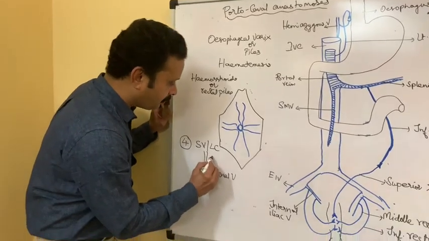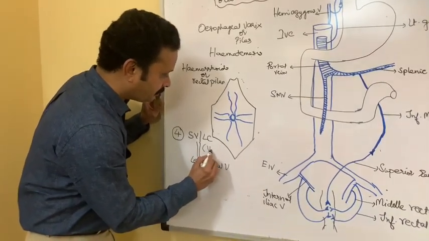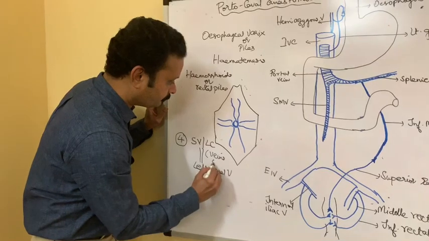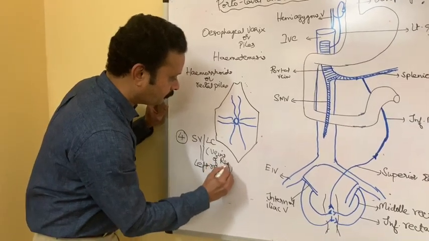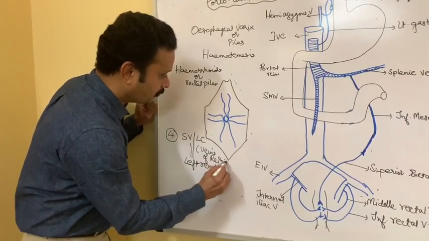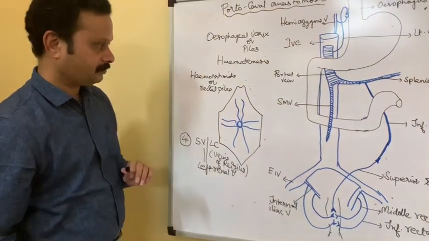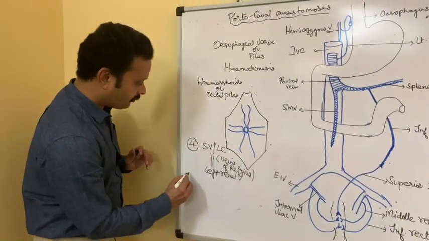Those veins are called the veins of Retzius.